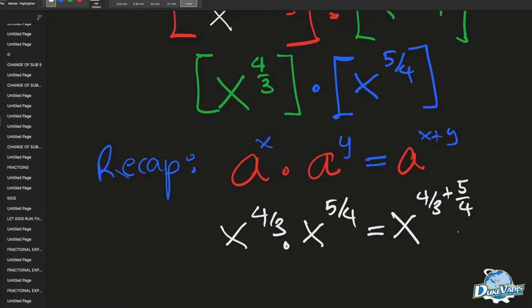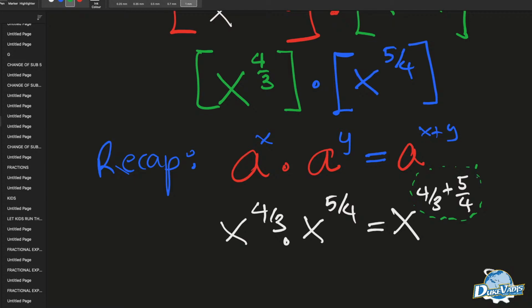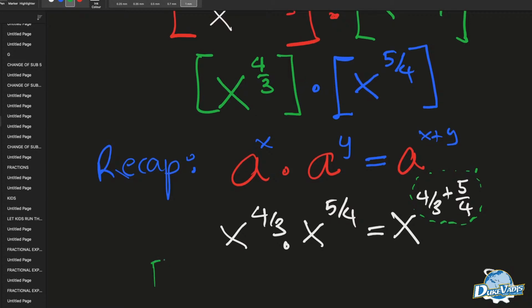So let's make a mark around our fraction. This is where we put the fractions we learned earlier in the lower classes into action. So 4 over 3 plus 5 over 4. Let's deal with the fraction. That makes our topic fractional exponents.